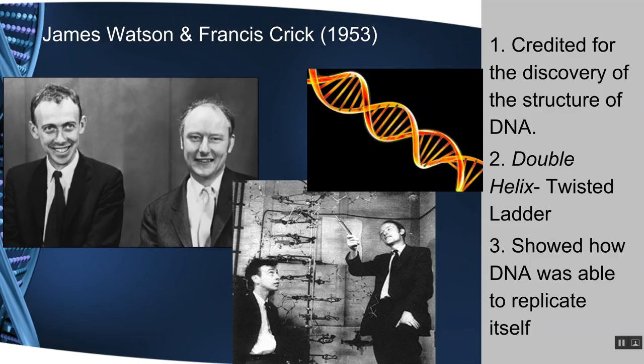They used all the evidence that they could collect about DNA over the many years, and they were building several models out of cardboard. Remember, there were no computers, so it was all 3D models.